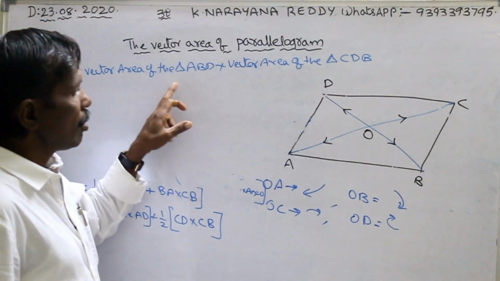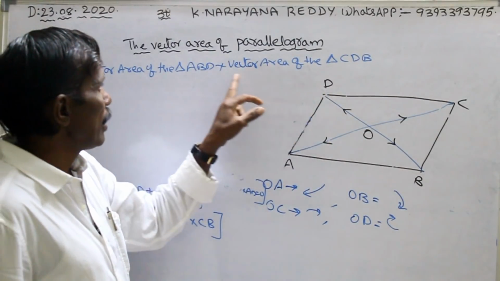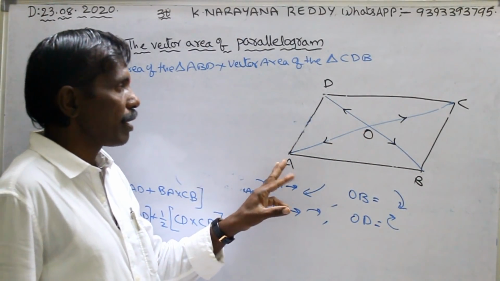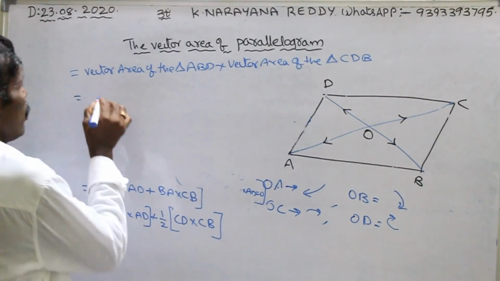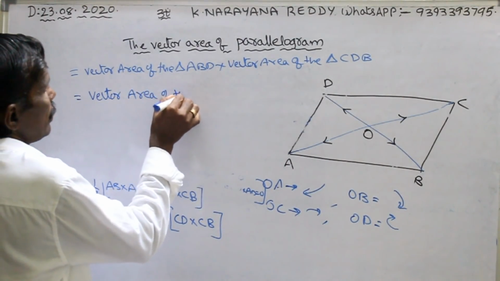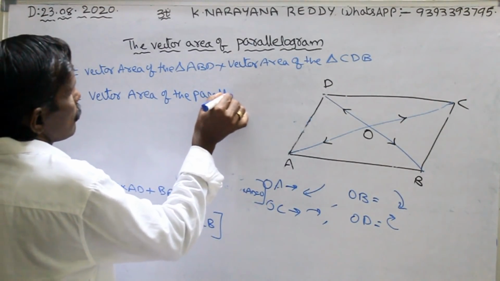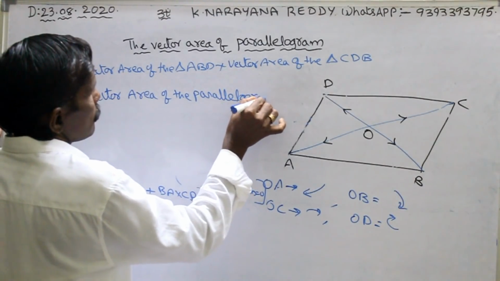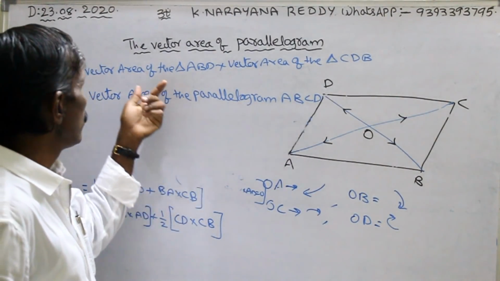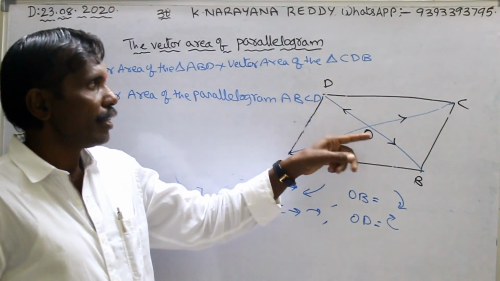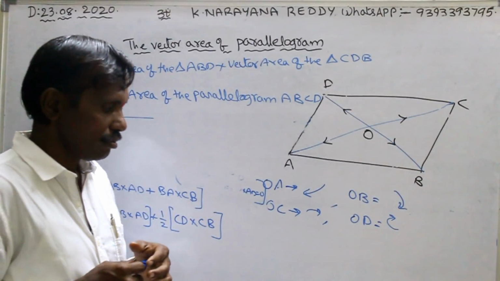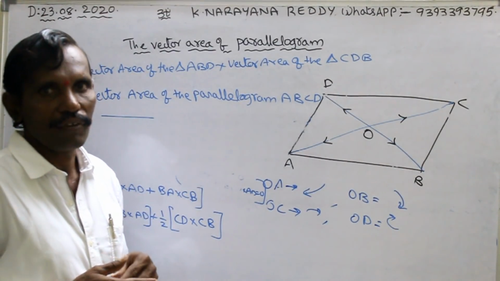Vector area of ABD plus vector area of CDB is nothing but the vector area of parallelogram ABCD. In this way you can find the vector area of a parallelogram.